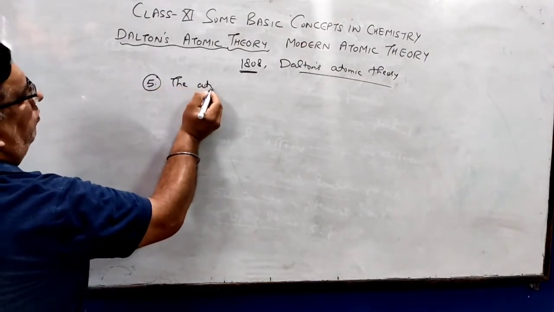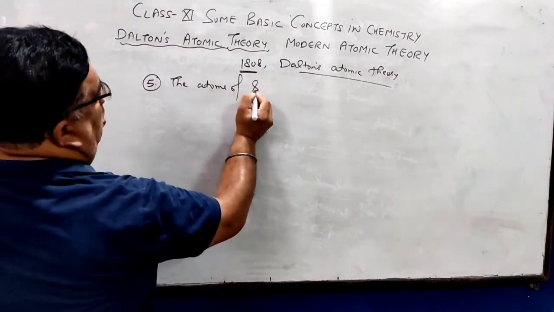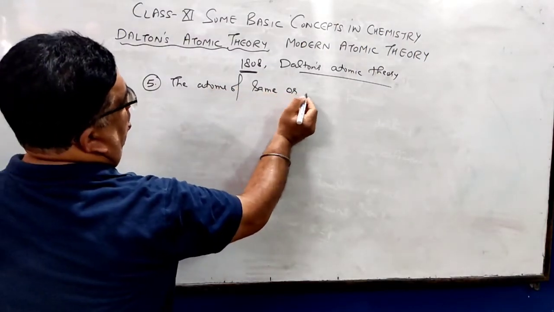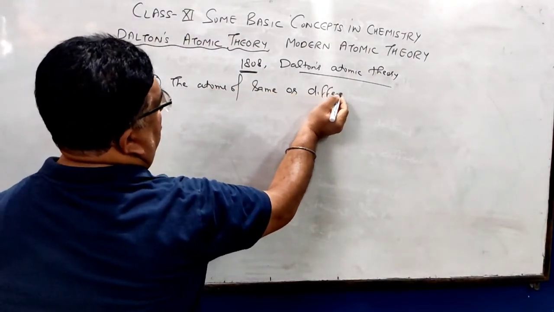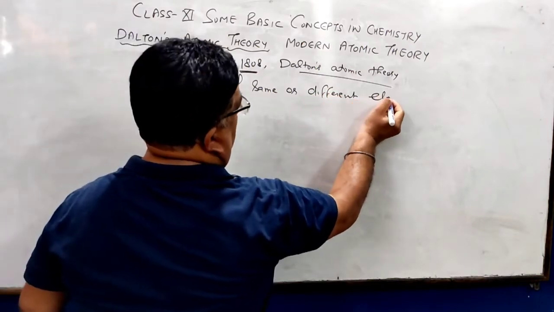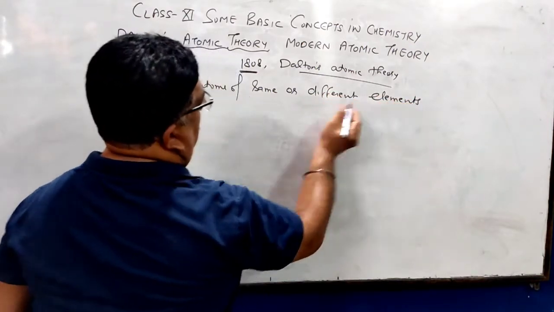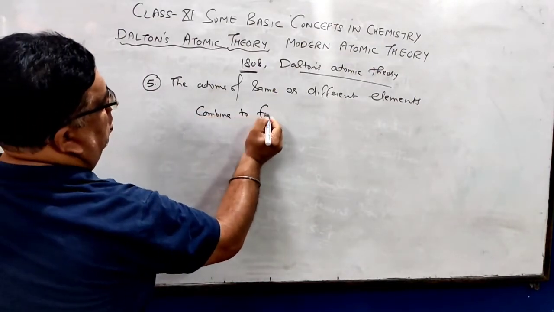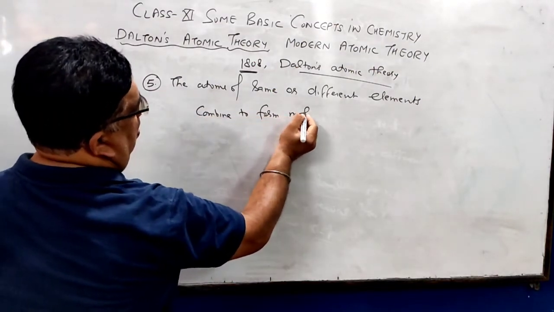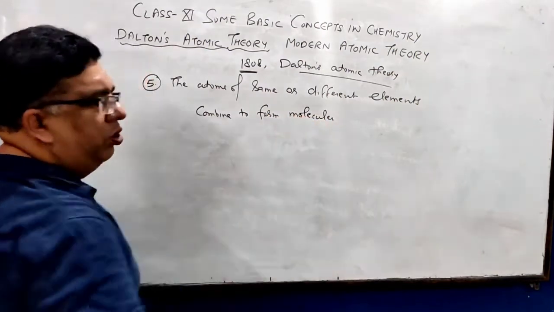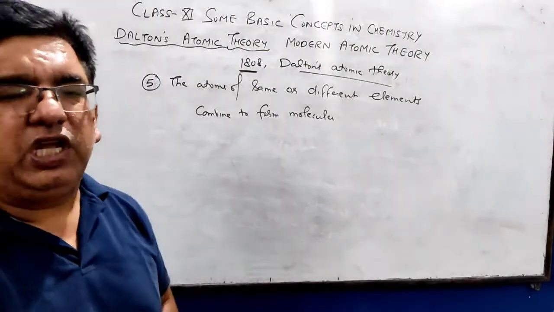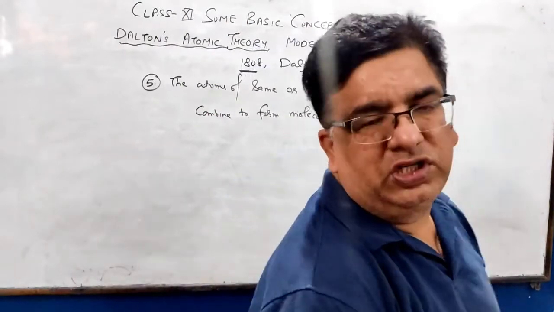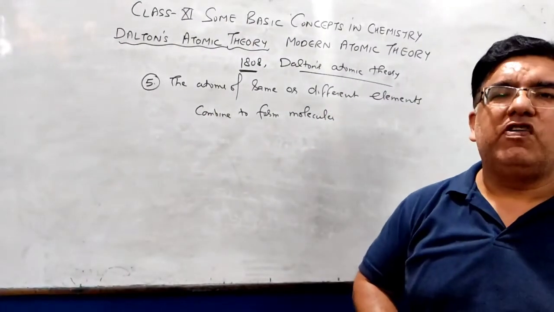The atoms of the same or different elements combine to form molecules. According to Dalton, the atoms of the same element or the atoms of different elements combine with one another and form molecules.